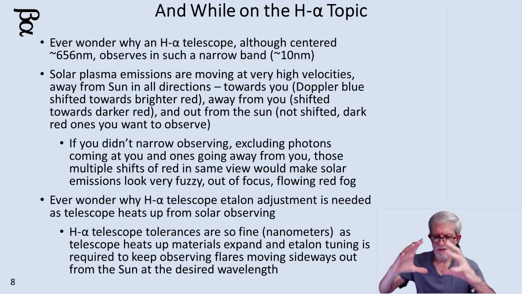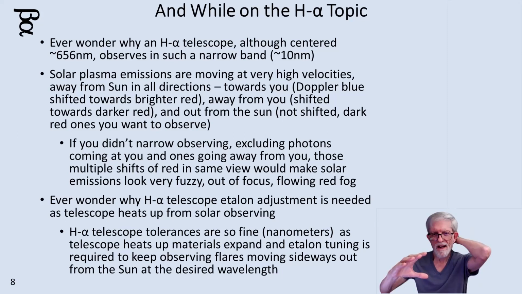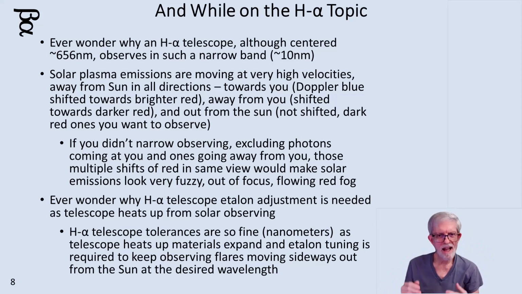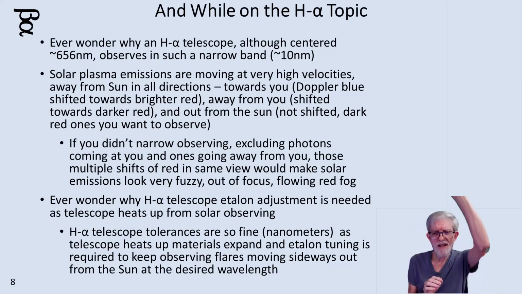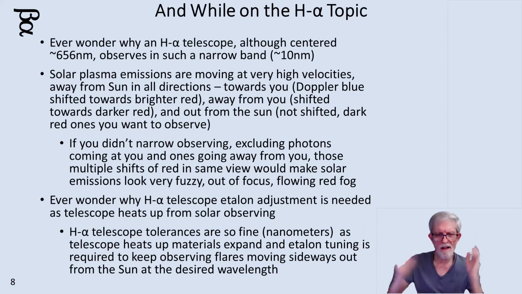If the sun has the prominences going away from you, they're going to be red shifted. They're not going to be redder than red. They're just going to be a little redder than that 656 nanometers central line for hydrogen alpha. So if you include in what you're looking at all of the red stuff coming at you that's slightly blue and all of the red stuff going away from you that's slightly deeper red, when all you want to see is the stuff going sideways and not shifting, then you need to filter out all that other stuff.